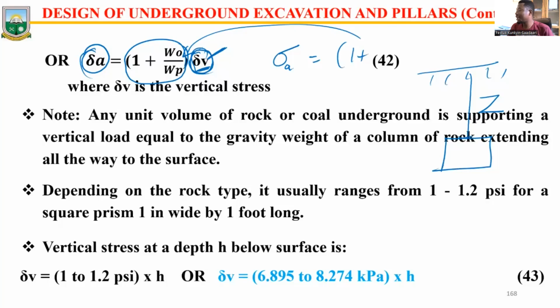Depending on the rock type, the unit weight of the material, which is this symbol, can range from 1 pound per square inch to 1.2 pounds per square inch, which when we bring it to the usual metric system is from 6.895 to 8.274 kilopascal per meter, times your H, whichever distance it is from that point to the surface.